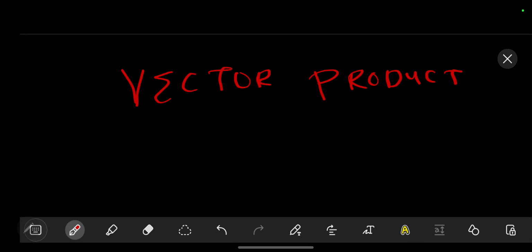So here today we are going to be looking at the vector product. The vector product is also known as the cross product.